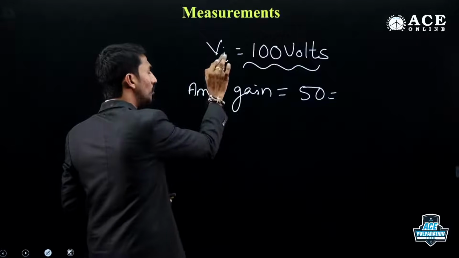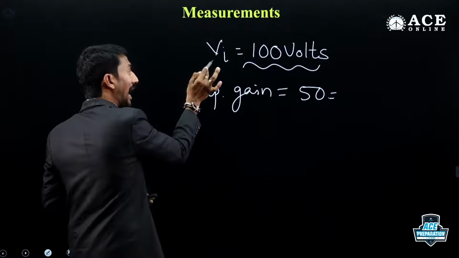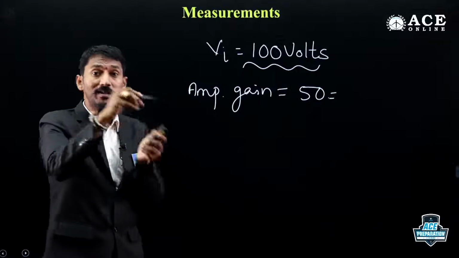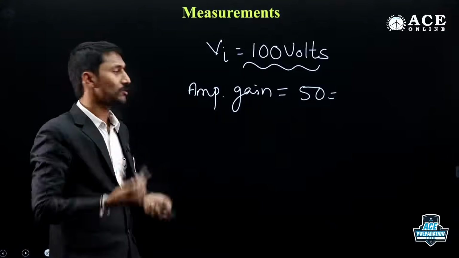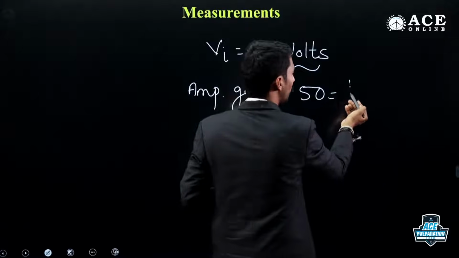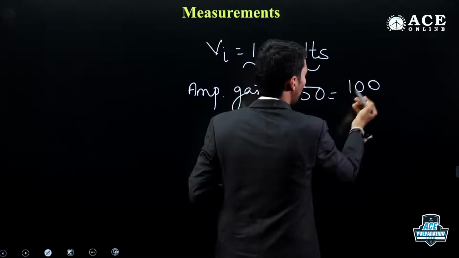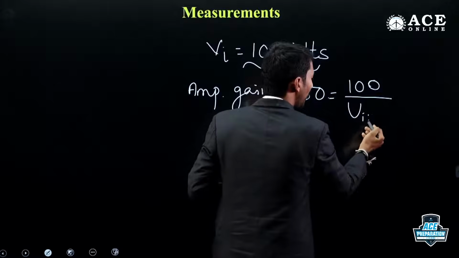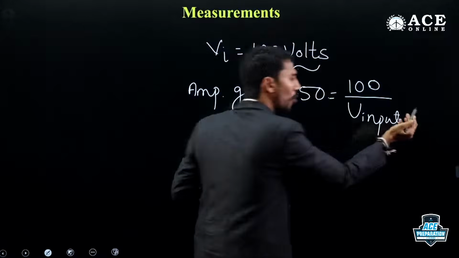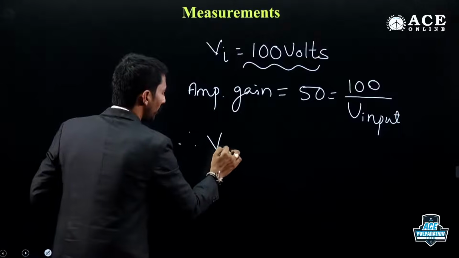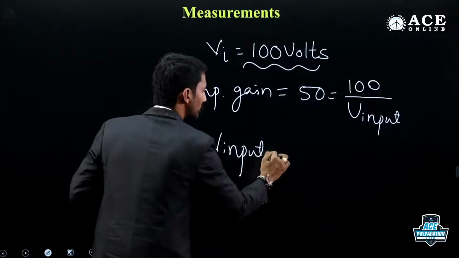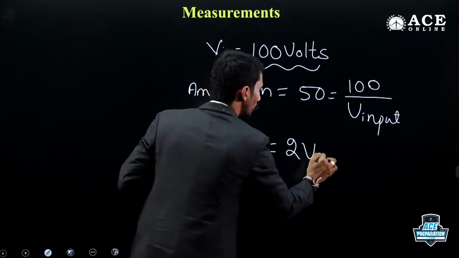Even though this is V_I, it is the amplifier output given to the deflecting plates as the input. But he is asking the main input. So 50 is equal to 100 by V, the main input or total input voltage. So the total input voltage of the system is how much? 2 volts.